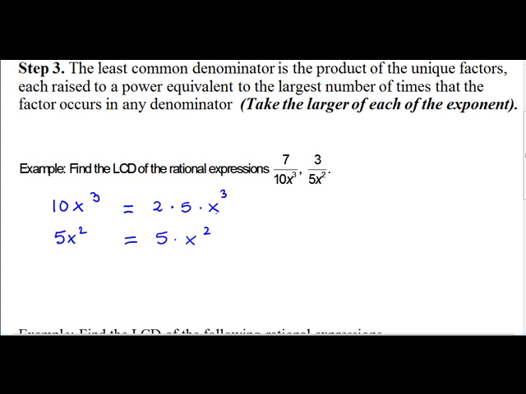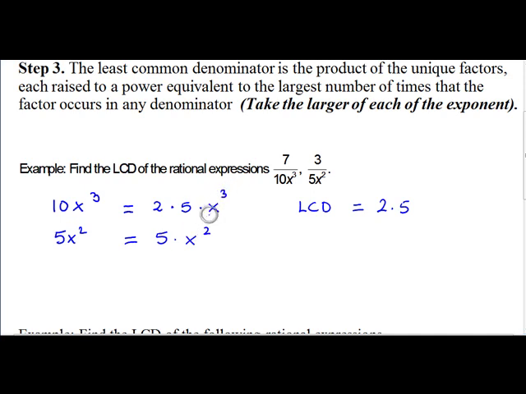That's step 1. Step 2 is to list each unique factor. A factor is something that multiplies others. So I take 2, take 5, as factors. Now for the x, I have x cubed and x squared.